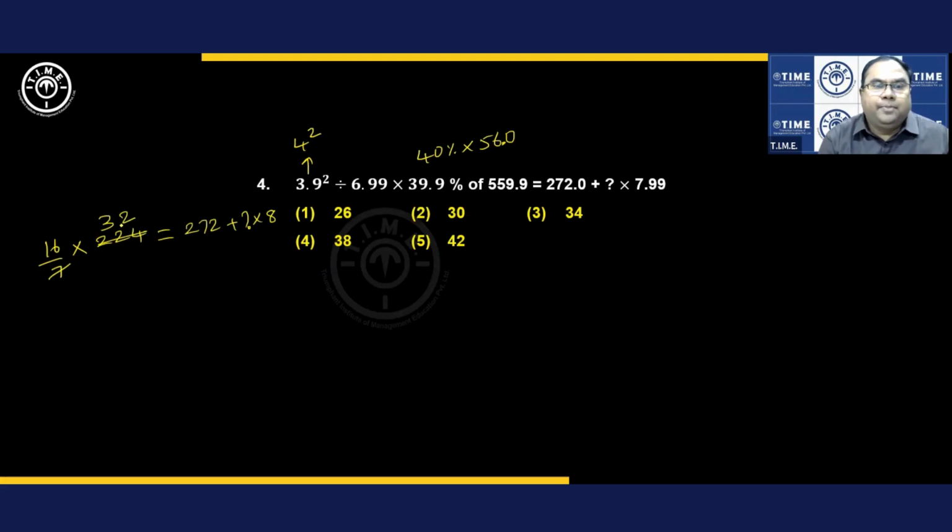So 480 plus 32, 512 minus 272 is equal to question mark into 8. So it is 240 divided by 8 is question mark. So it has to be second option, 30. Choice 2 should be your answer.